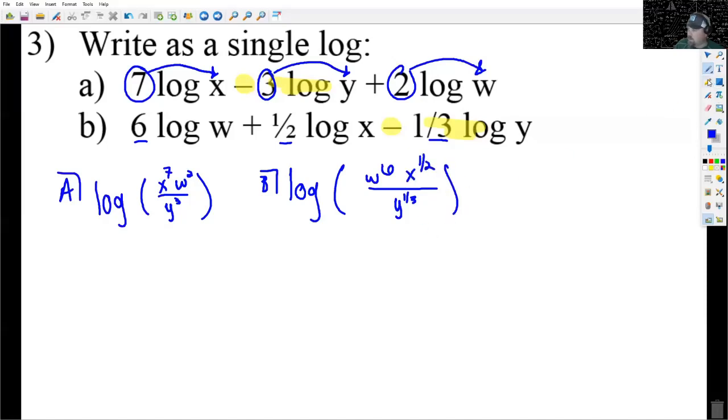Now, the only thing you gotta take care of here is you're never going to see these written like that in this answer because those mean roots. So what we would see here is this log. It's going to have w to the 6th, and this, if you remember this, 1/2 is actually the square root of x to the 1st, which we just write as the root.